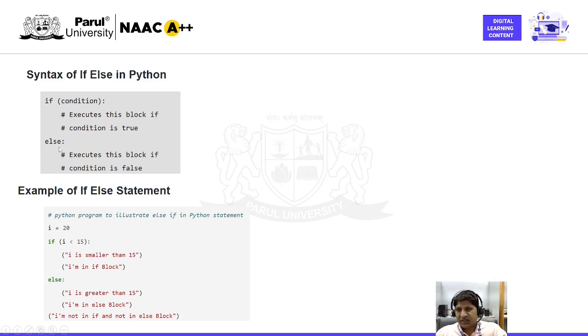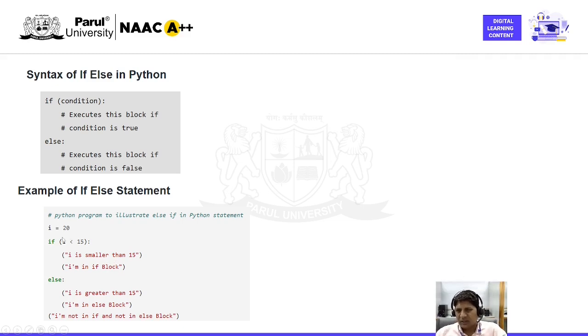If the condition generates false, else, then we execute this block. This block is known as the if block and this block is known as the else block. If the condition generates true, the if block will be executed. If the condition is false, the else block will be executed.